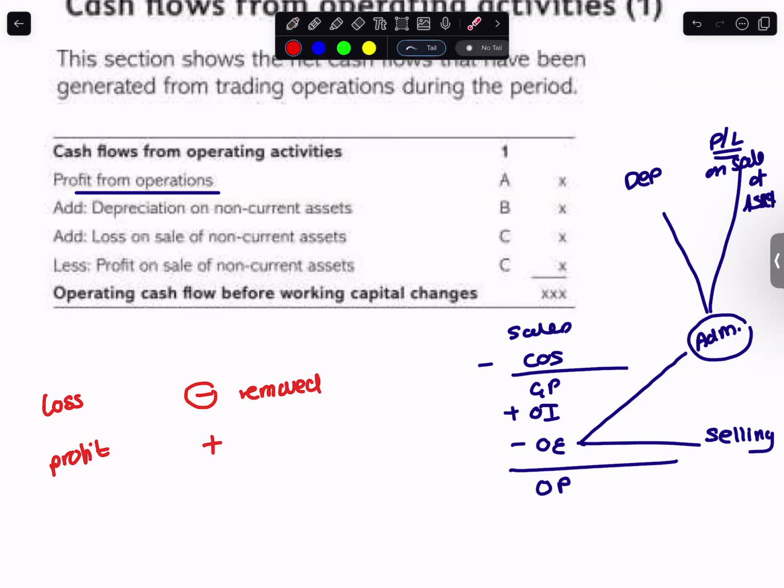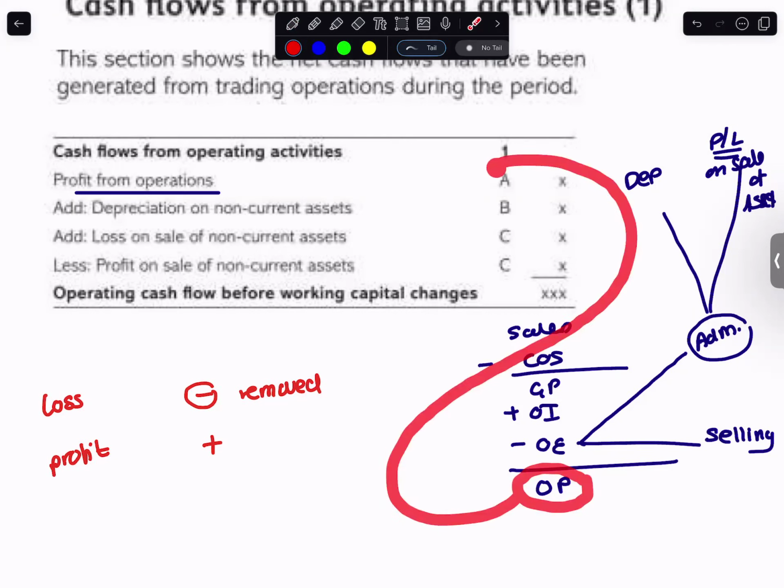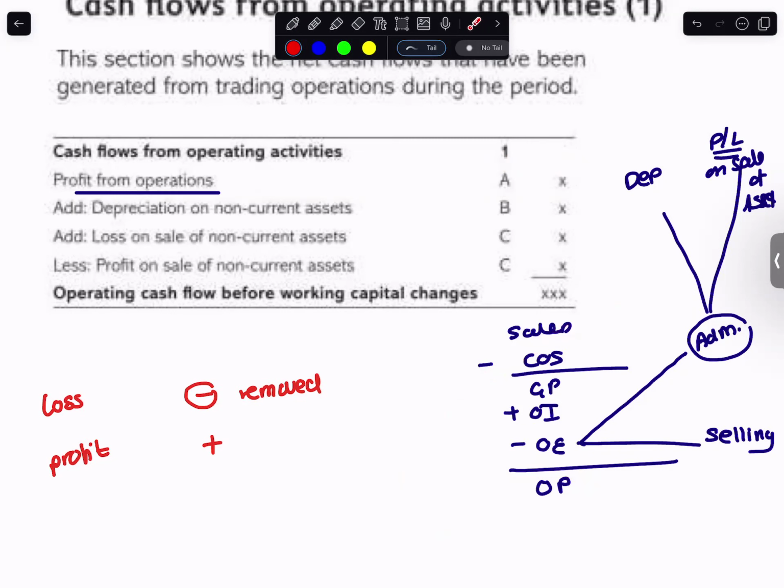Okay, fine. I'm repeating again. If I am arriving at operating profit, I am starting at profit from operations. That means I have already deducted depreciation and I have already deducted loss on sale of asset.